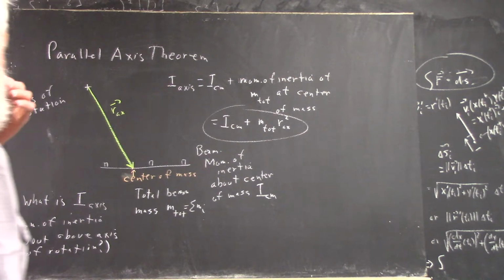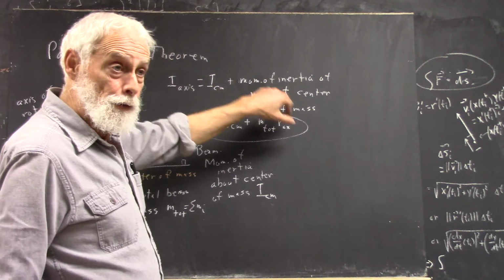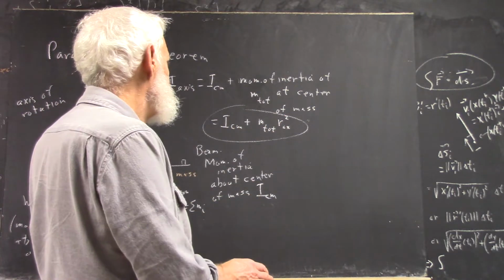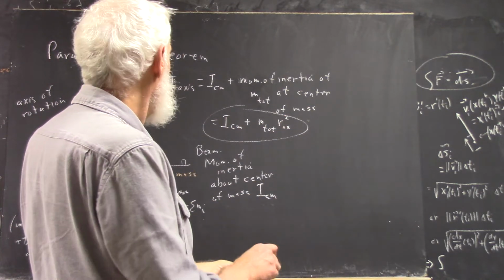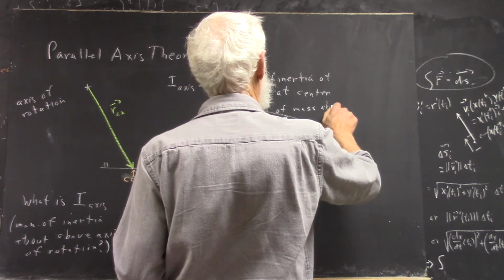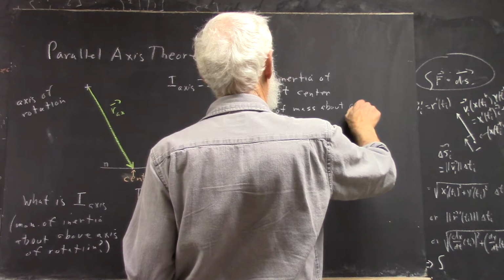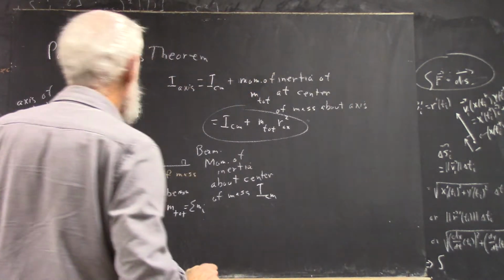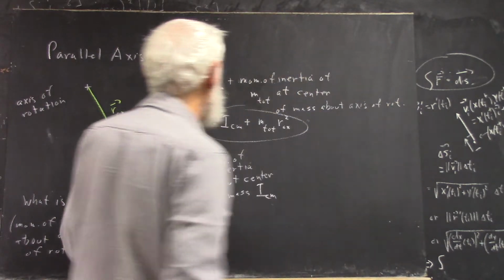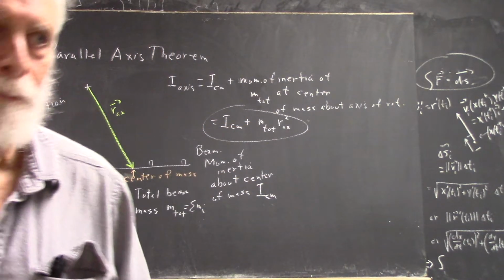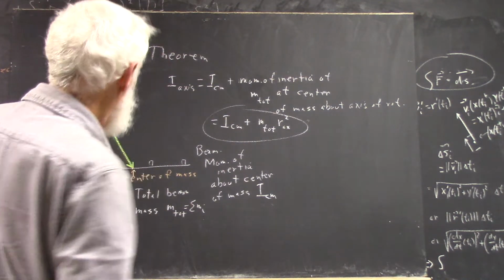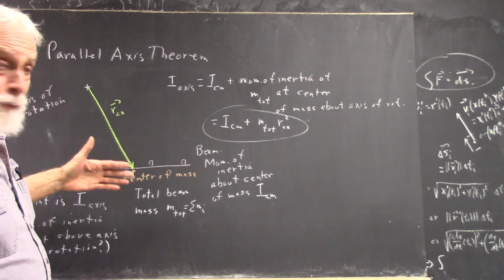Okay, now everything I wrote down is correct. Moment of inertia, the center of mass. And I should have written about this axis of rotation. And that equals just this. So the whole idea is you can break the moment of inertia of all these masses relative to this.